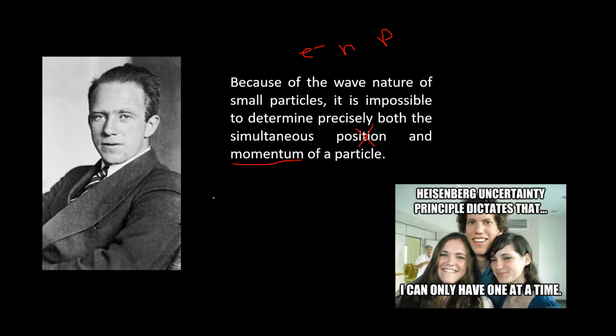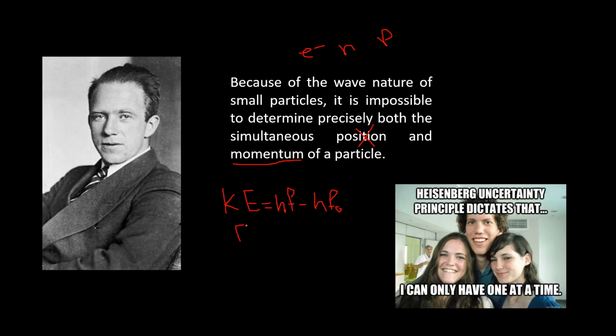So, to review the rules we studied today, the kinetic energy of an emitted electron equals h times the frequency of the photon minus the work function, which is h times the threshold frequency.